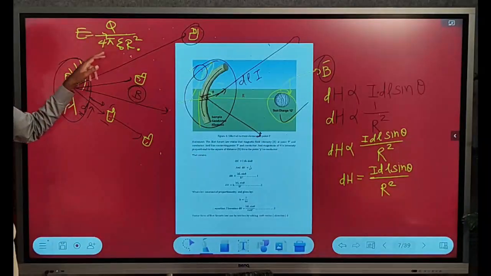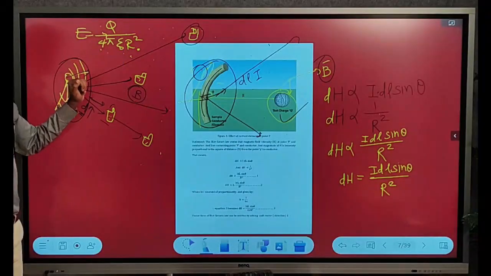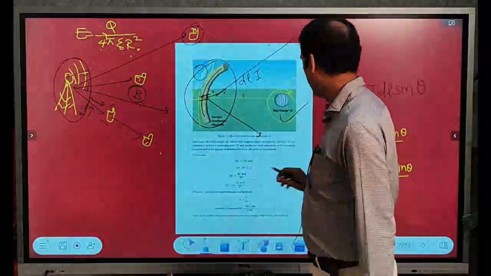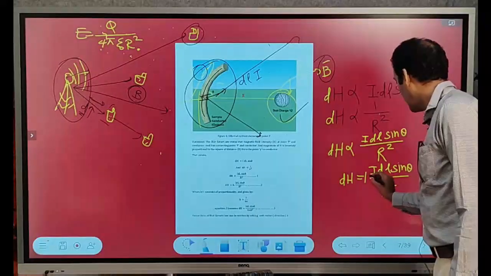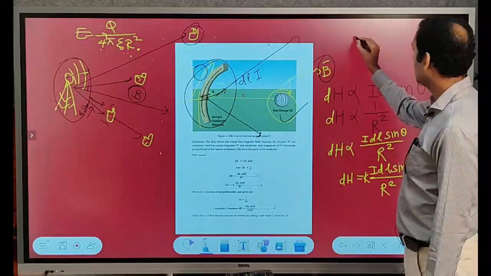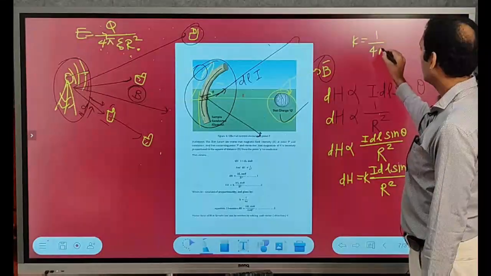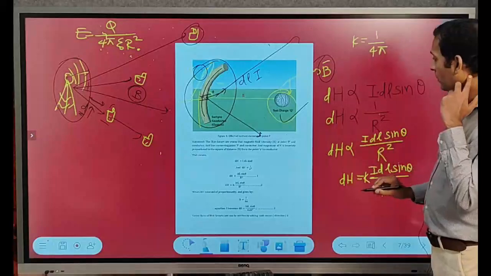There is one difference. Here the constant of proportionality is 1 upon 4 pi epsilon naught. There we will consider K as 1 upon 4 pi. Here we have to add this constant of proportionality K. This K is given by 1 by 4 pi, because this is a magnetic field, so epsilon we don't consider.